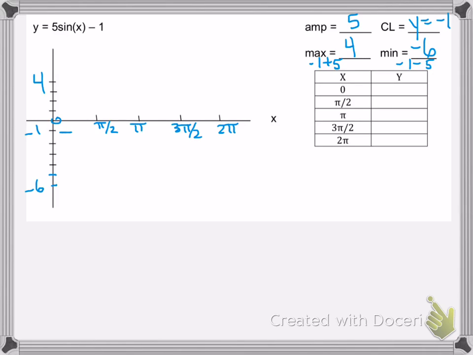So I'm going to draw in a dotted line at my center line. So then I start on the center line because it's a sine curve, go up to the max, center line, down to the min, center line.